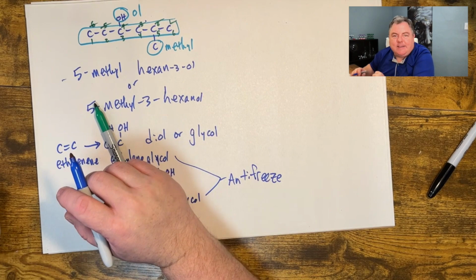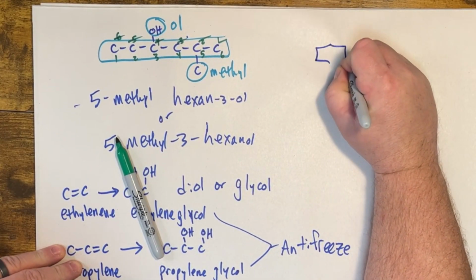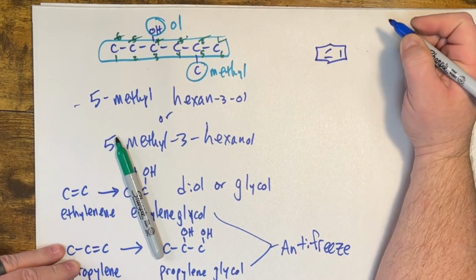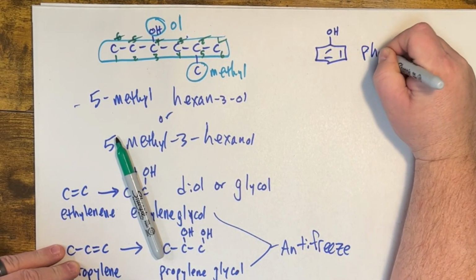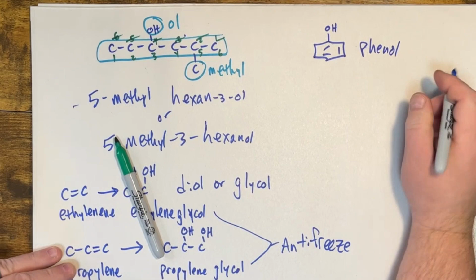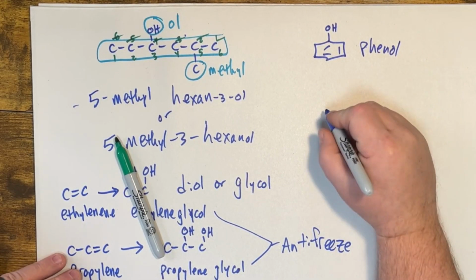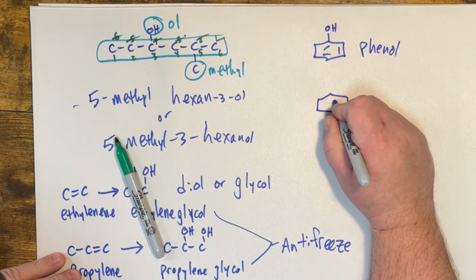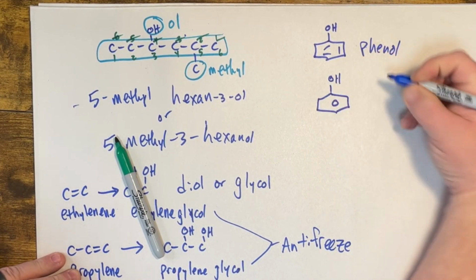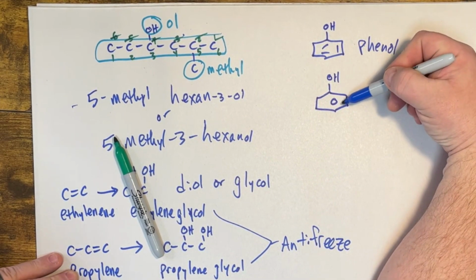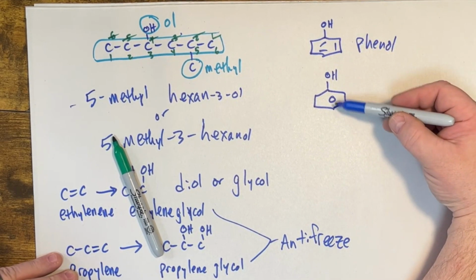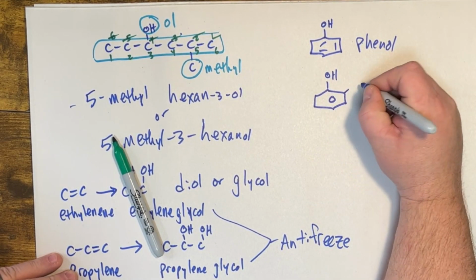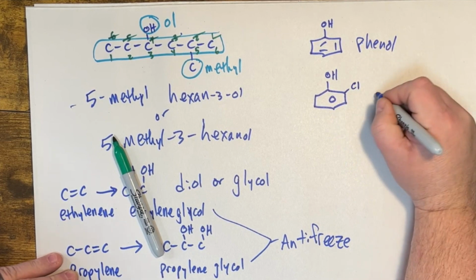One last thing I'd like to teach you. This phenyl ring, if it has an alcohol on it, is called a phenol. Phenyl and alcohol, a phenol. And if I have a phenol, remember it doesn't matter if it's the ring with the circle in it or the 3 double bonds, that means the same thing. If I have a phenol with a group here, let's make it chlorine.